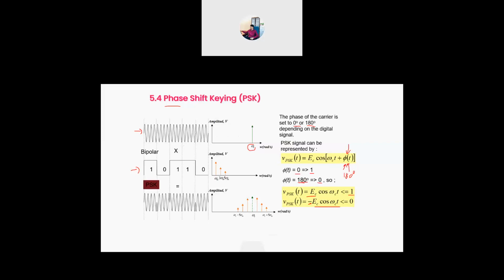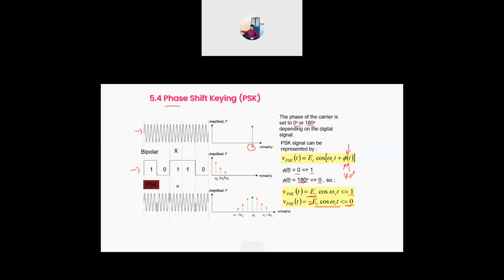So there will be inversion in terms of amplitude. This means changes in phase. The first one is positive, and this one will be changes in the negative amplitude.